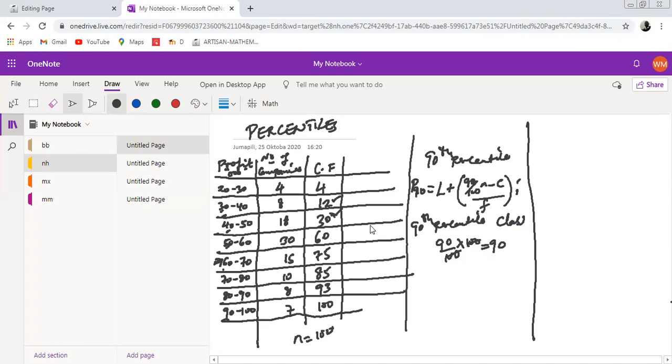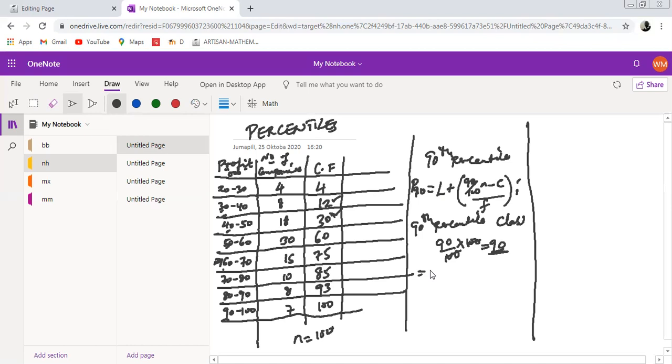So where are we going to locate 90? Remember, once you calculate this, when you are locating the class, you go to the cumulative frequency. Where can we find 90 in the cumulative frequency? It can only be found in this 93. So the class 80 to 90 is our 90th percentile class, and therefore our L, the lower class limit, is 80.